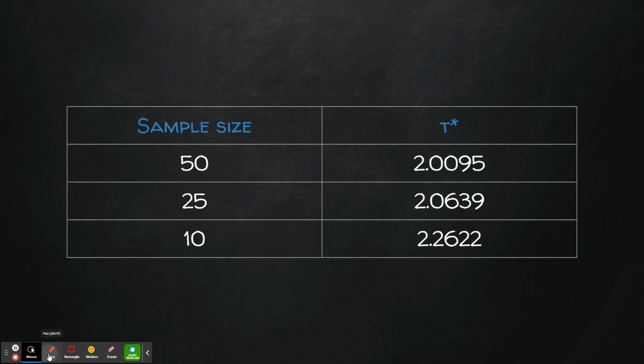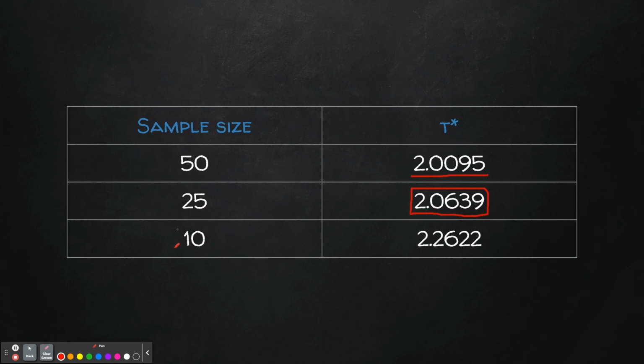To demonstrate the effect of sample size on our T star, you'll see here that for our sample size of 50, we had 2.0095 for our T star. When we decrease the sample size to 25, you can see, as we just calculated, that it got a little bit larger, a little more conservative, because the sample size is smaller. We're less confident in that sample standard deviation.